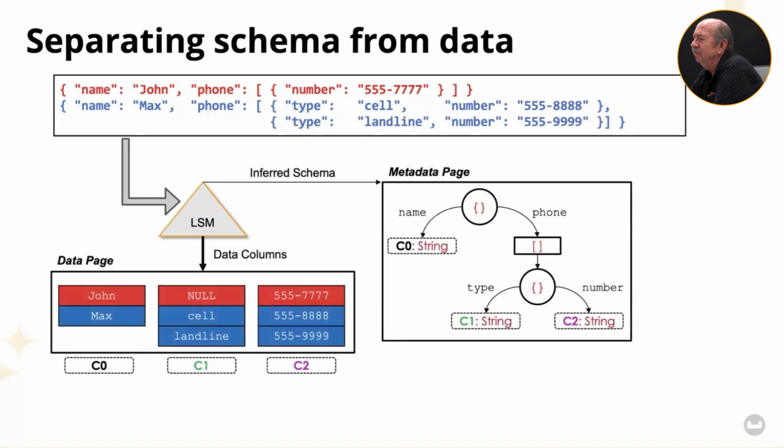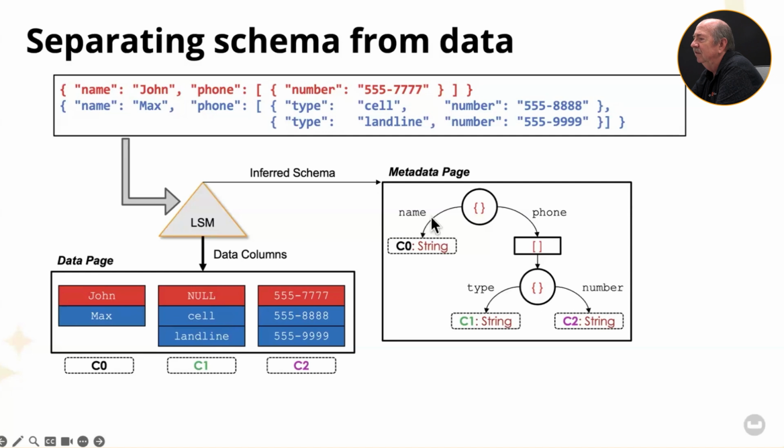And when it's put in, as I mentioned, we separate the schema from the data. The data is being observed, and there's a schema which describes the data that we've seen so far that's getting updated as we see new data. So at this point, what we've seen is that the data is JSON objects, and one of the columns, which turns out to be the name column here, is of type string.